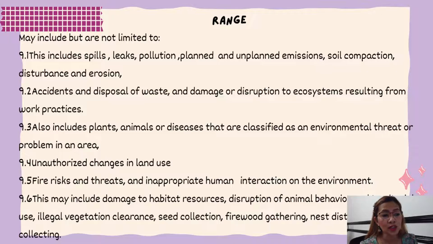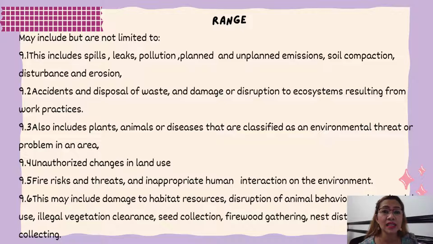The following are the potential environmental threats and hazards that may include but are not limited to. Number 1, this includes spills, leaks, pollution, planned and unplanned emissions, soil compaction, disturbance, and erosion.